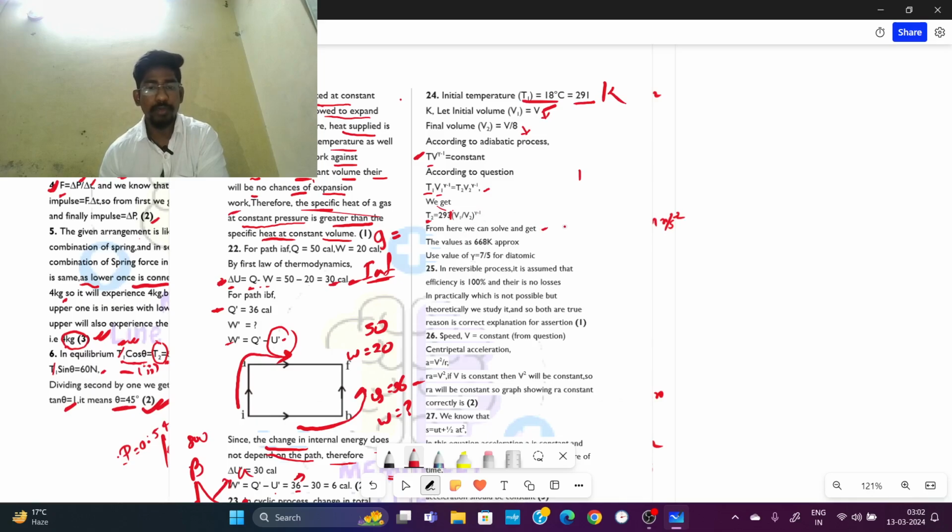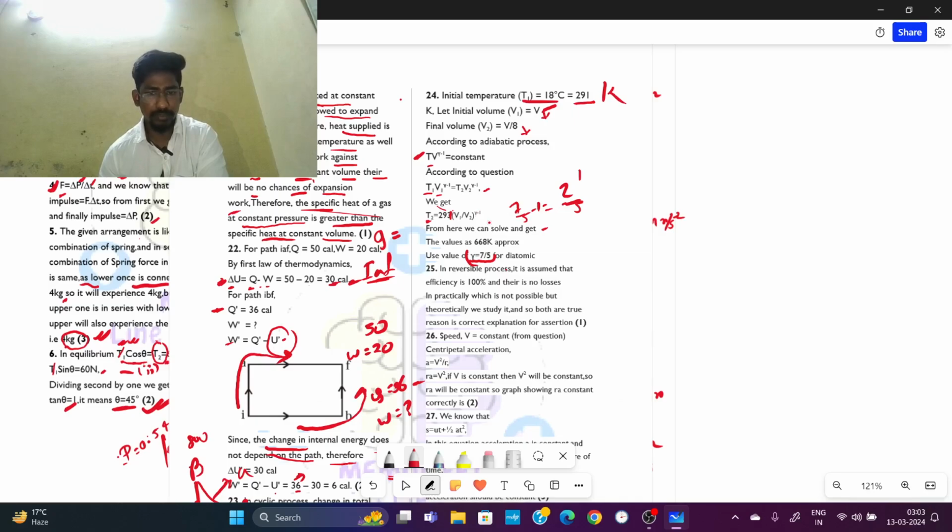For a diatomic gas, you know that gamma is equal to 7 by 5. If you put the value of gamma, 7 by 5 minus 1 equals 2 by 5. Now 291 into V1 by V2 to the power 2 by 5, where V1 by V2 equals 8, so 8 to the power 2 by 5.